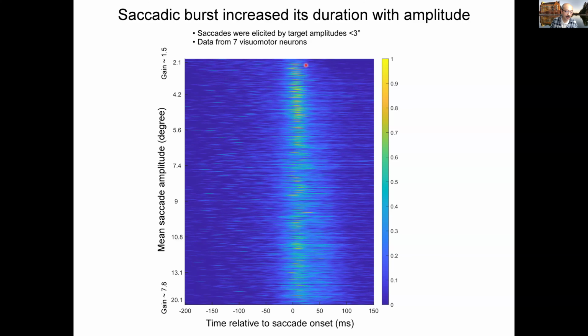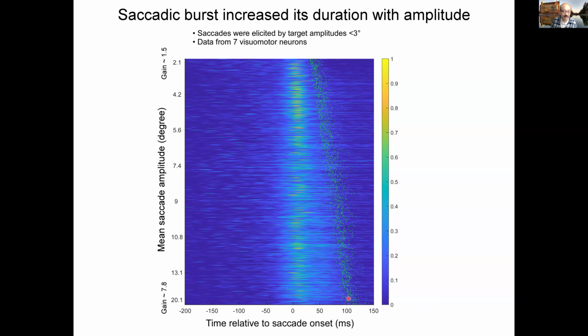But at the same time, you can also see that the duration of the burst keeps on increasing, and this is confirmed by the end of the saccade. The green dot here represents when the saccades end. As you can expect, as amplitude gets larger, the duration of the saccade gets longer.